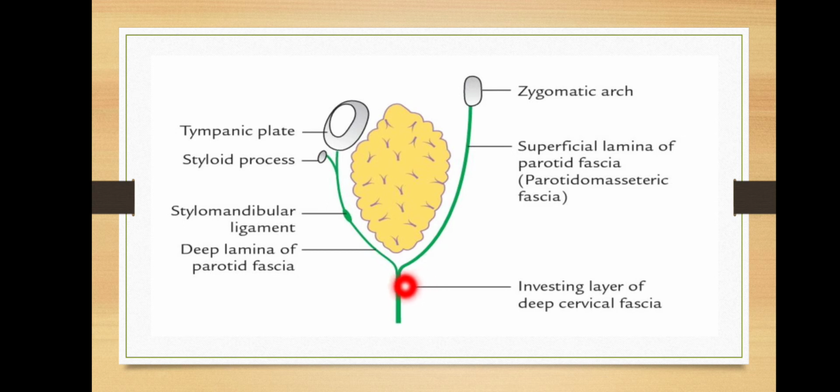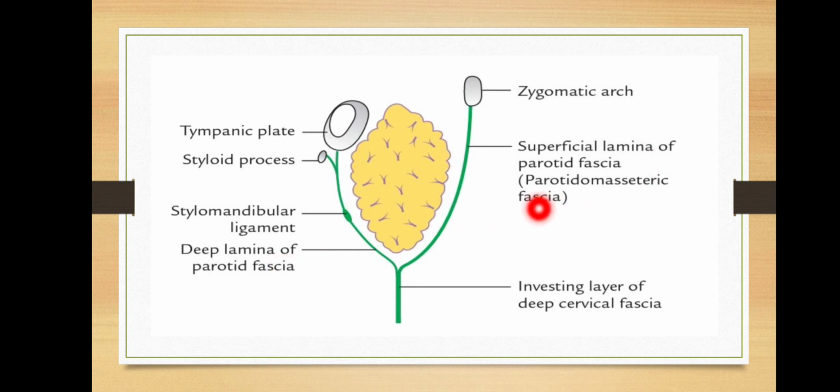At the angle of mandible and mastoid process, it is divided into a superficial lamina and a deep lamina.